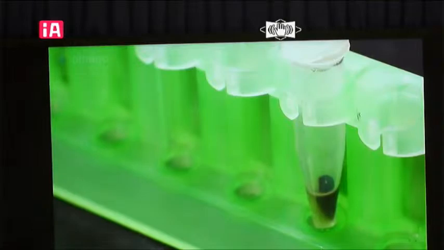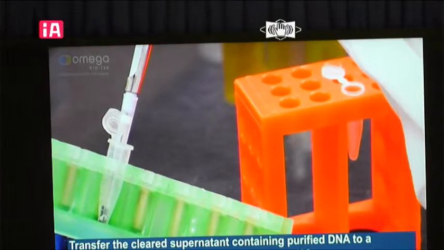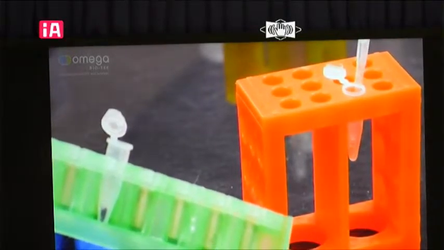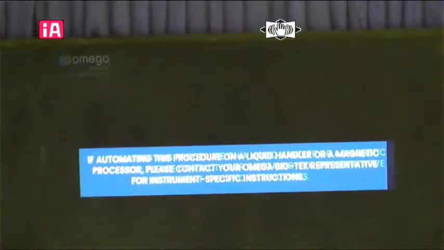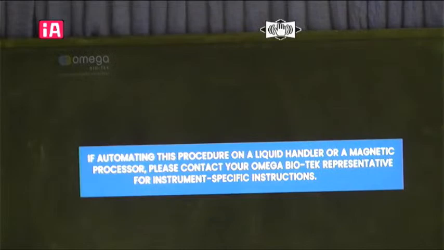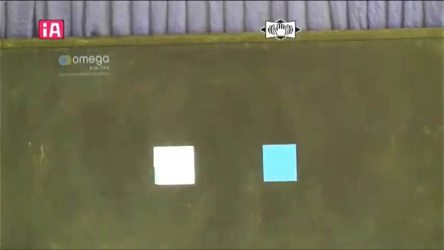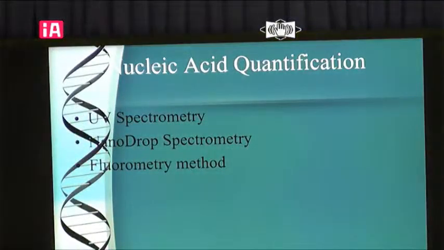We are privileged to be in an environment where these techniques are available. You can afford yourself the opportunity of coming to our molecular lab right up there to see what we've just explained here, and you will be glad you did. So let's move on. The next slide talks about nucleic acid quantification.